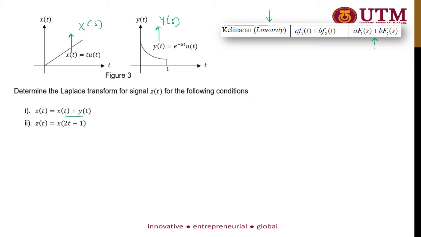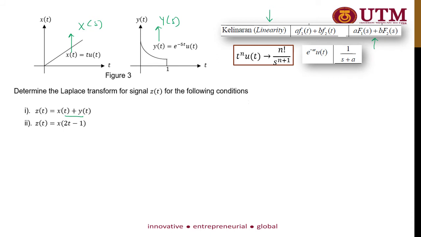So again, refer to the table to convert each individual component into the s domain. So you may find this equation. For x(t), you have the t u(t) function, while for y(t), you have the exponential function. So to start with, you know that your Z(s) will be equal to X(s) plus Y(s).